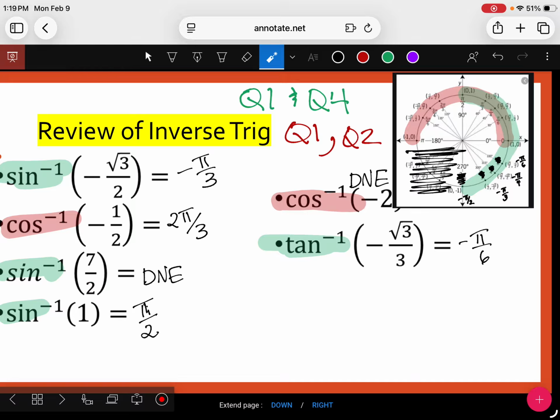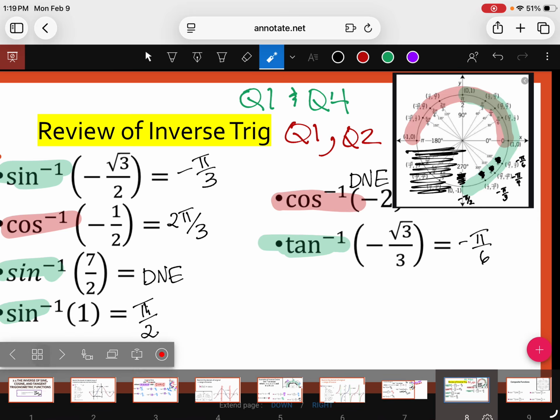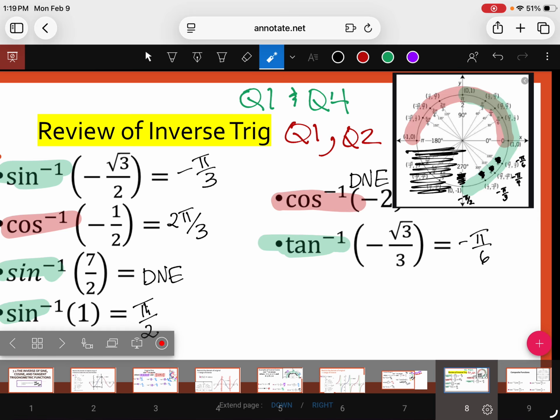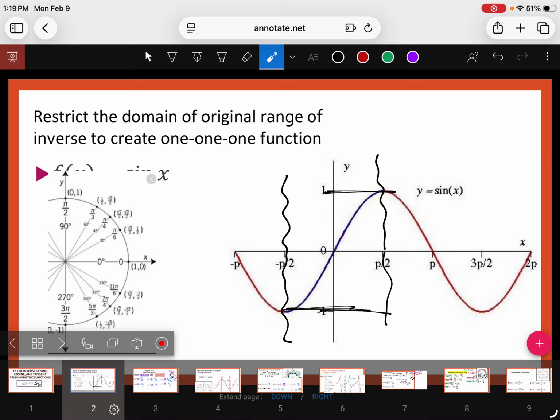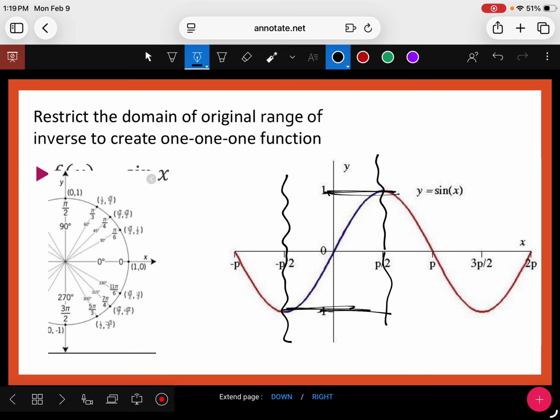Because remember, when you graph the sine, let me go back to it real quick. When we look at our parent function for sine, with an amplitude of 1, your highest value is 1 and your lowest is negative 1.